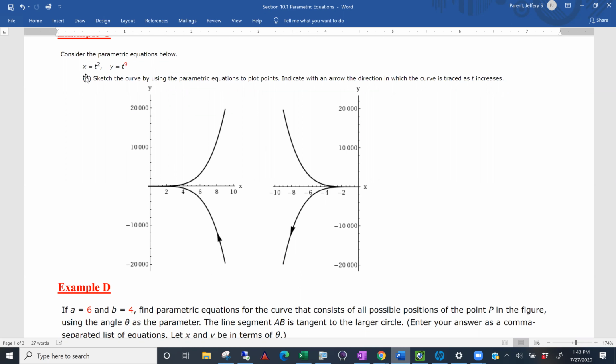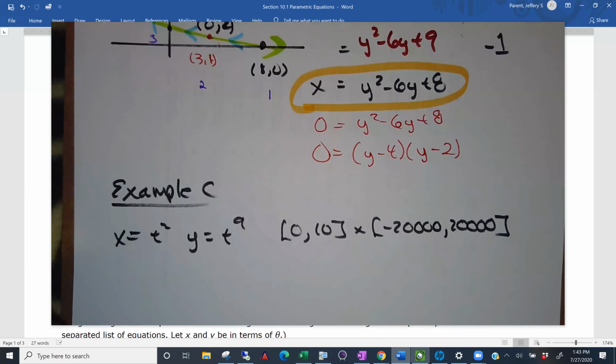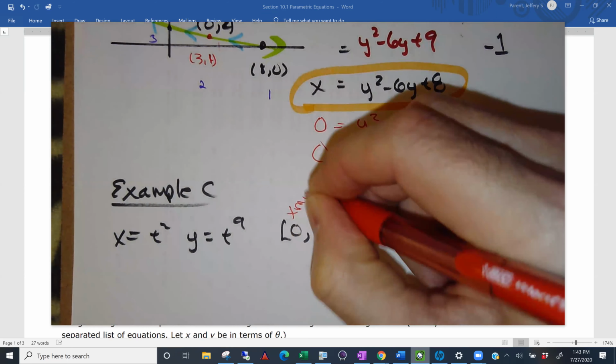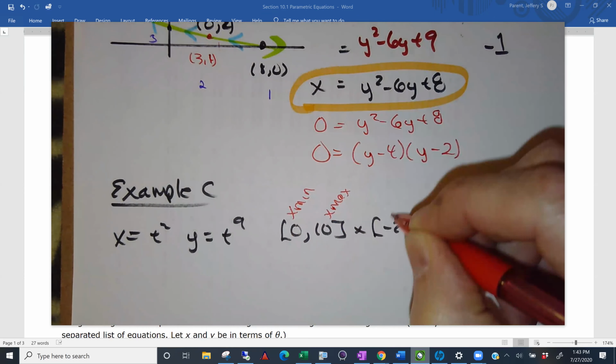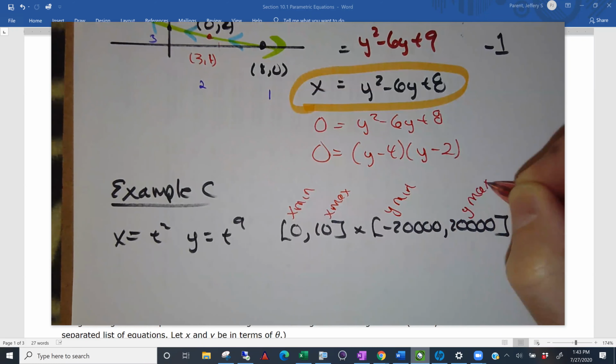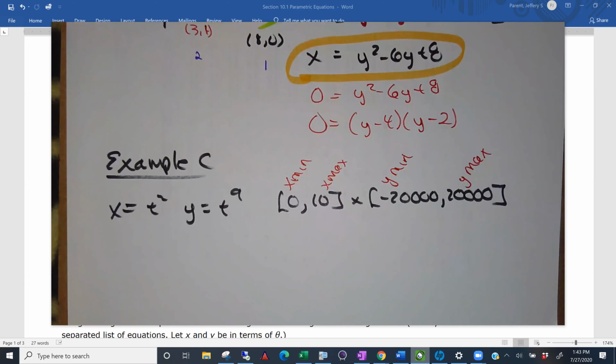And on the y-axis, -20,000 to 20,000. So I'm going to write both of those things down. Have I done enough of these things on a graphing calculator that you understand this notation? This is my x min, this is x max, y min, and y max. So I'm just writing that down for future reference.